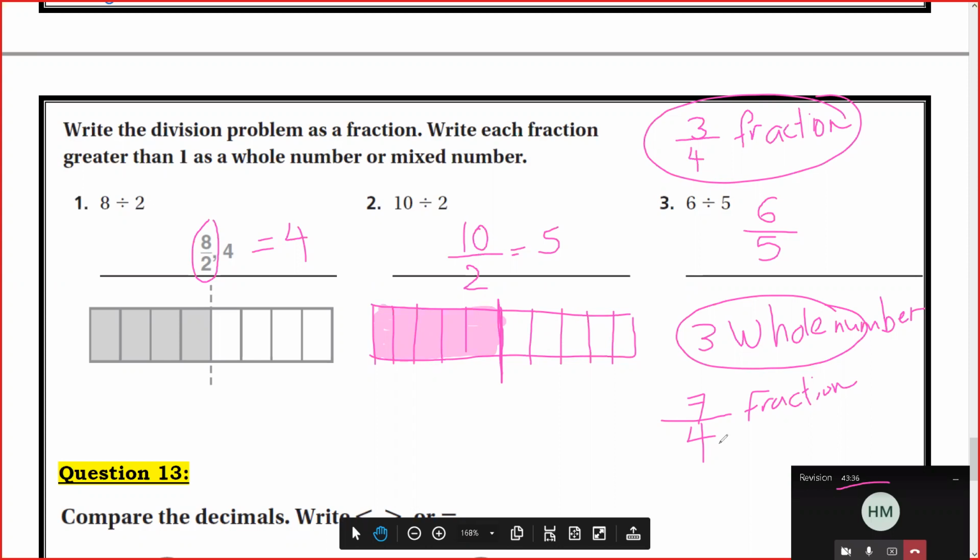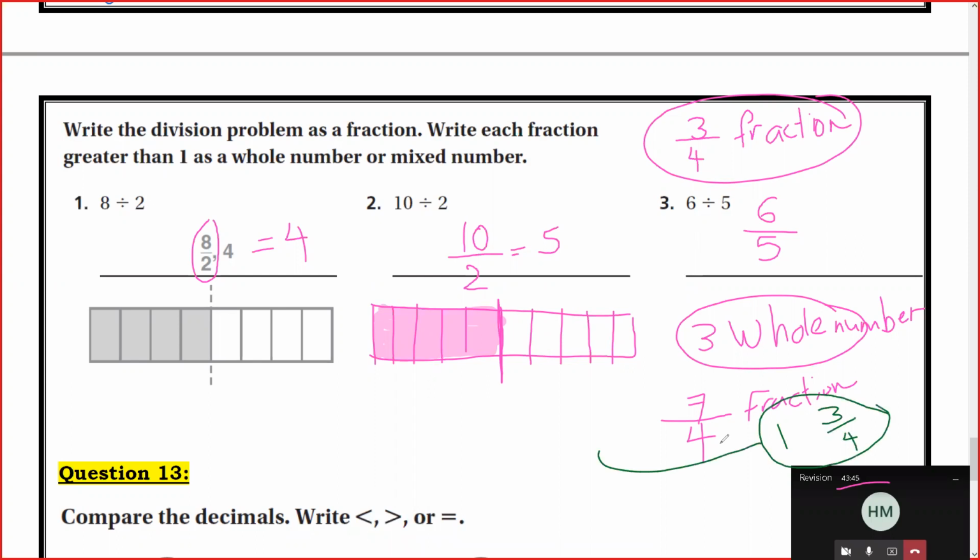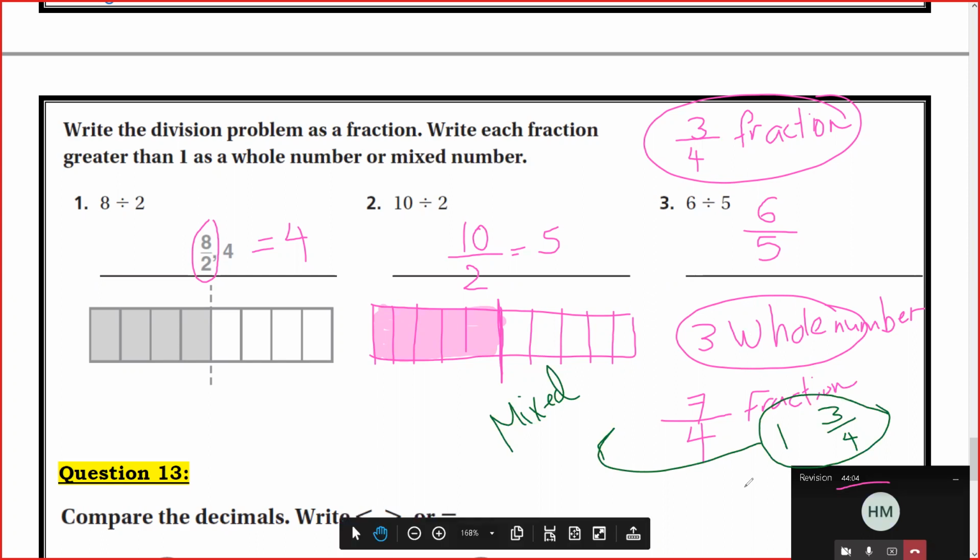Mixed means I combine the whole number and the fraction at the same time. It has a mix between the whole and the fraction. Here we have 1 as a whole and the fraction as 3 over 4. This is the meaning of the mixed number.